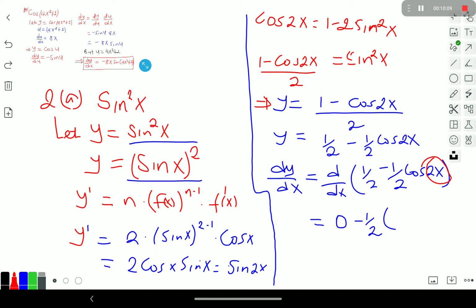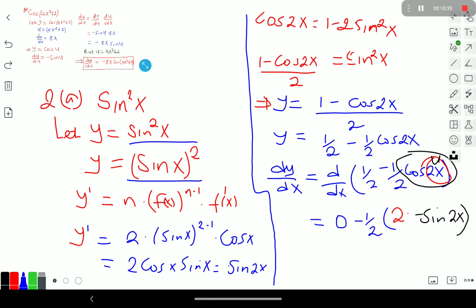If you differentiate all of it, differentiating 2x with respect to x gives 2, then times the derivative of the whole of it, and when this is u, it is the same as minus sin 2x.